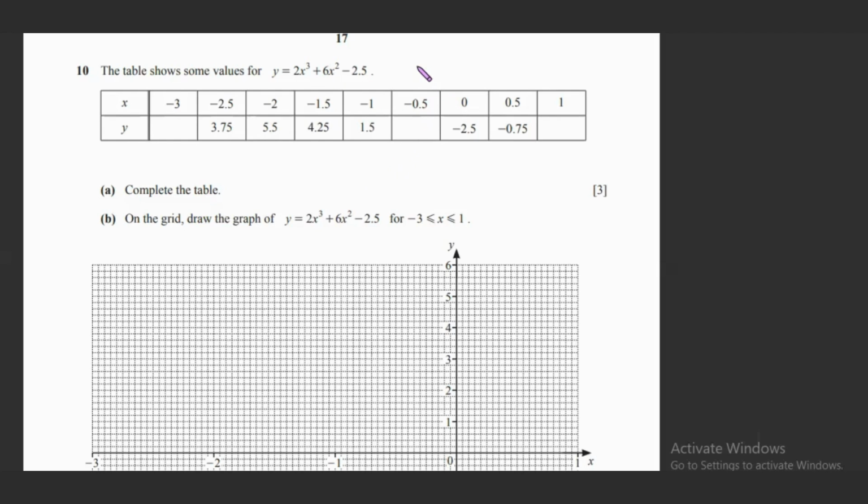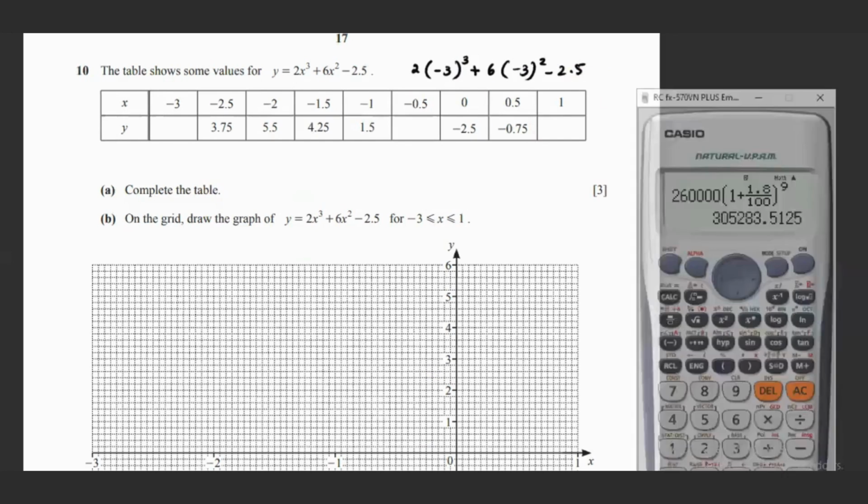The first one is 2 times x, which is -3. So I'm going to put -3 in brackets, put the power 3 here, plus 6 times the value of x, which is again the same -3, squared, minus 2.5. I need to put this in the calculator.